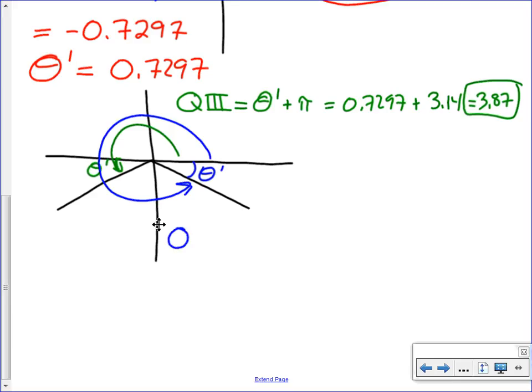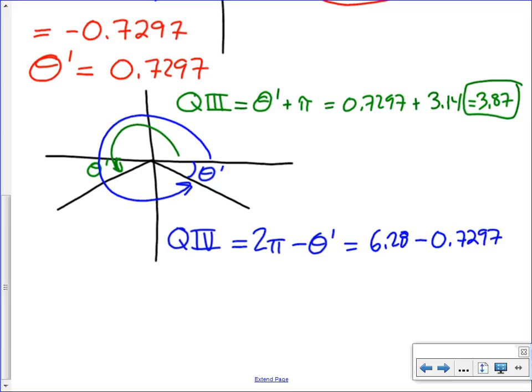In other words, in quadrant 4, you take the whole circle, which is 2 pi, minus the reference angle. 3.14 times 2 is 6.28, minus 0.7297, about 5.55. So you have 3 answers.